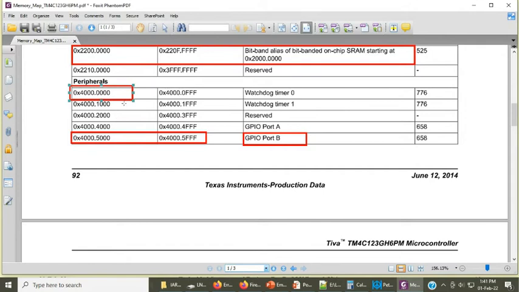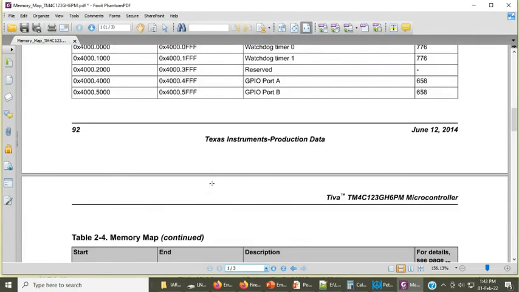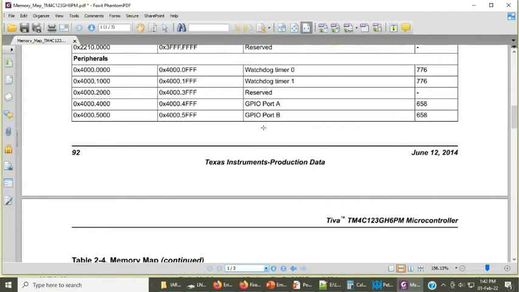So base address plus offset will take you to this particular address. Please open your data sheet also and keep an eye on these things. Here, GPIO port A address is 4000 to 4004 FFF.